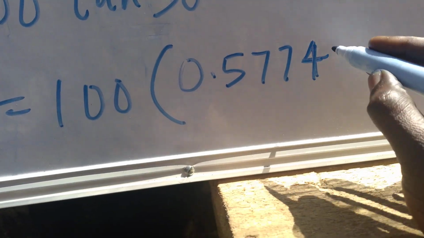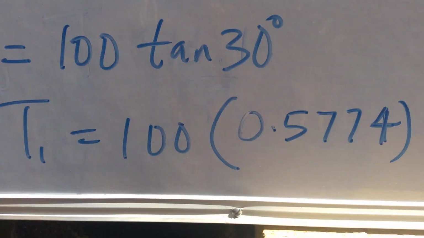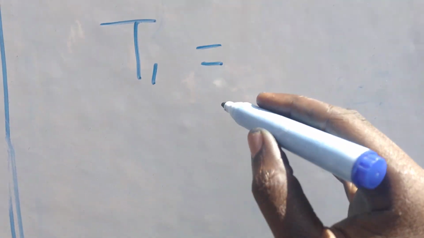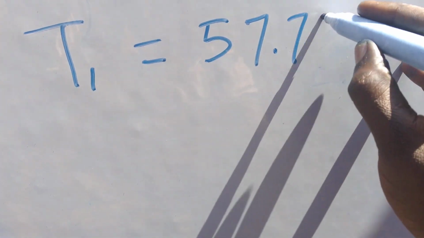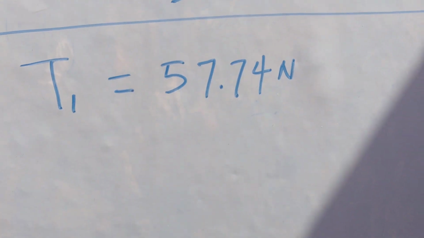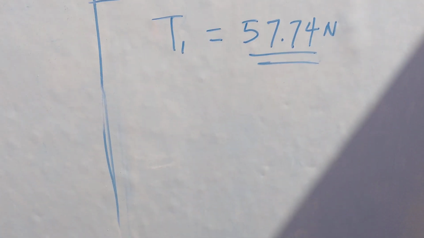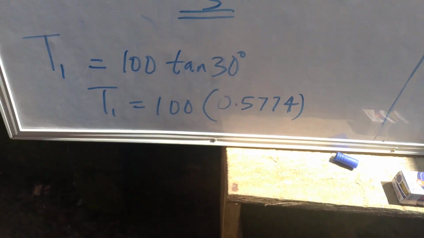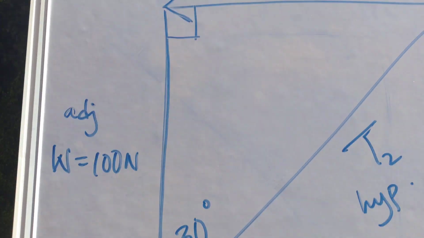So when I multiply this, 100 times 0.5774 will give me T1 as 57.74 Newton. Alright, so that is it. T1 is 57.74 Newton. That's when I multiply by 100.